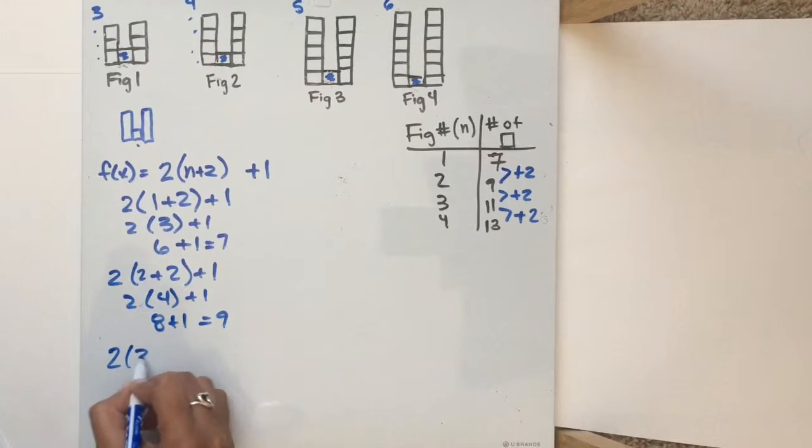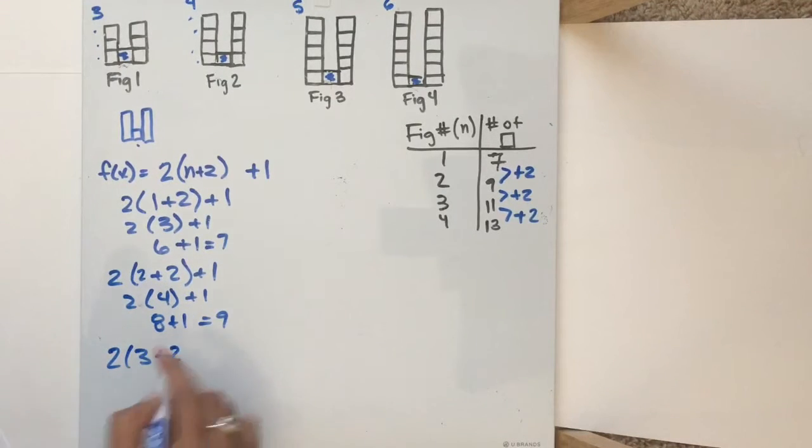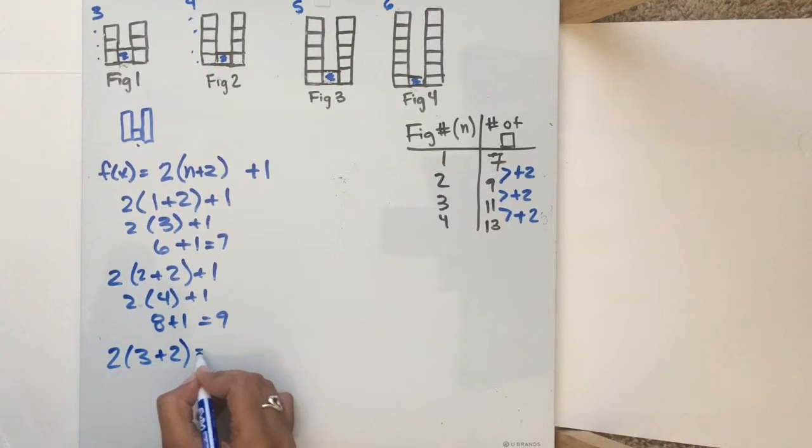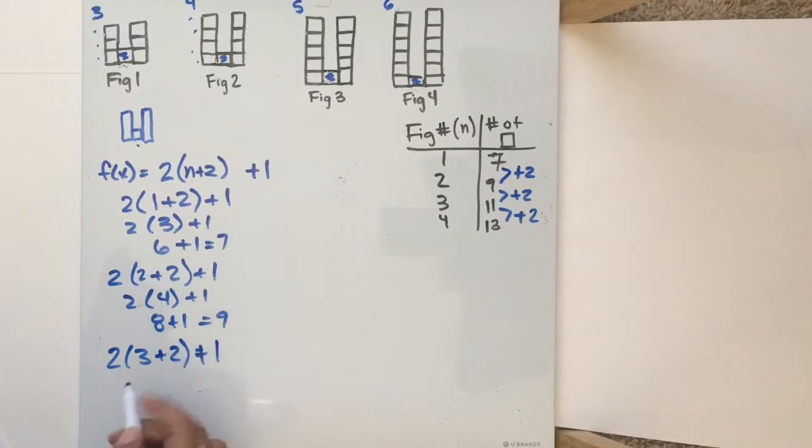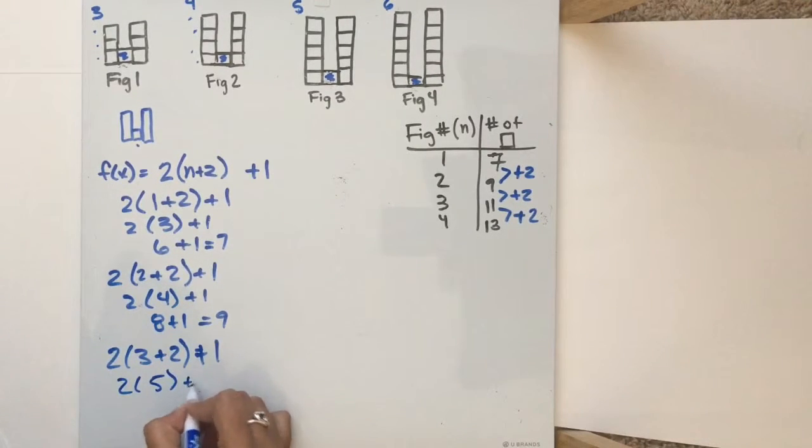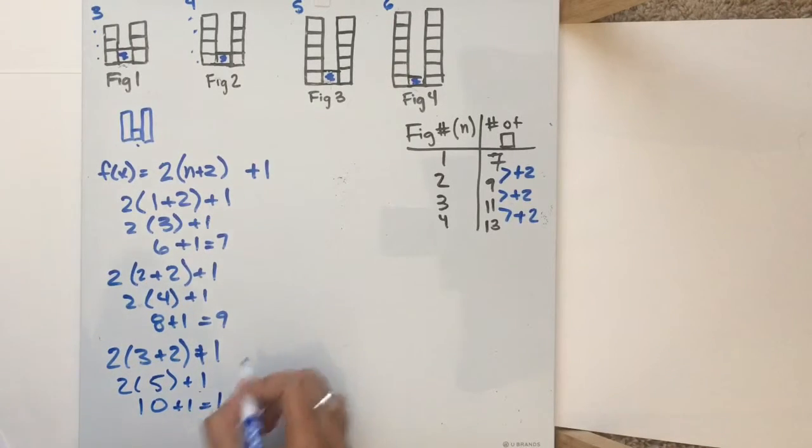Figure 3: there's our 3, 3 plus 2 is 5, multiplied by 2 is 10, plus 1 equals 11.